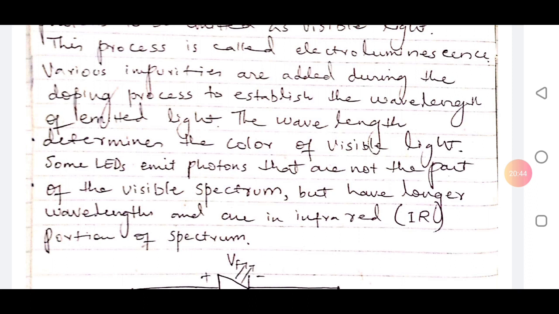It is not part of the visible spectrum. Why? Because their wavelengths don't come into the range of the visible spectrum. They have longer wavelengths. They are out of the range of the visible spectrum, and that is called infrared.